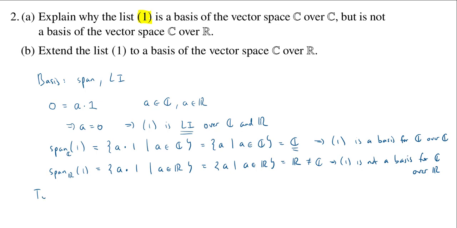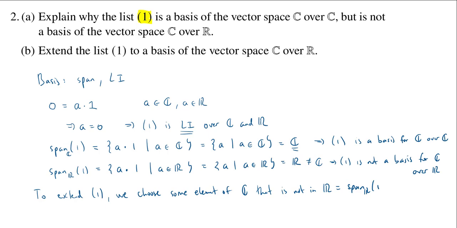All right, so to extend 1, we choose some element of the complex numbers that is not in the real numbers, right? The real numbers, because that was the R span of 1. Well, all complex numbers, what do they look like, right? Complex numbers are of the form a plus bi, where a and b are real numbers.